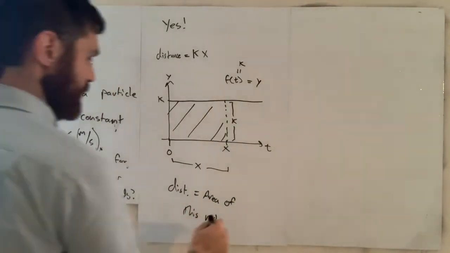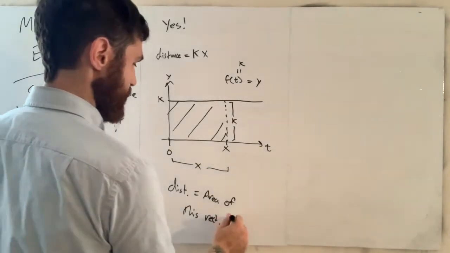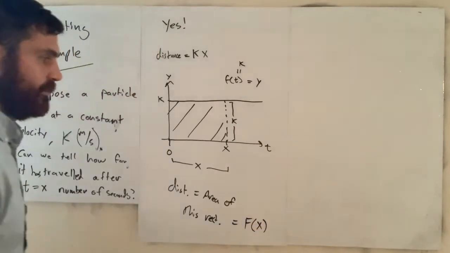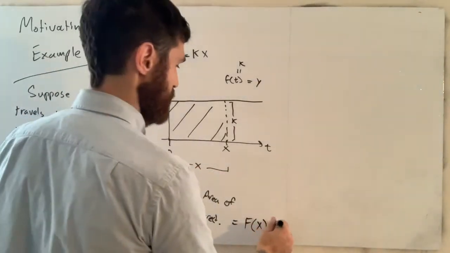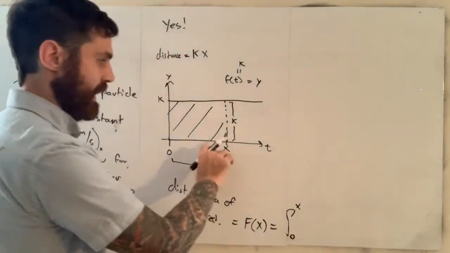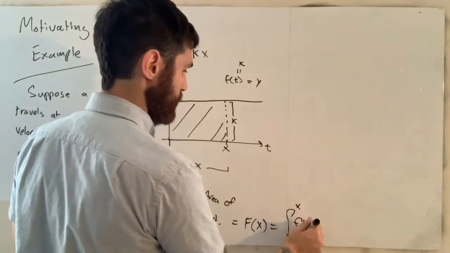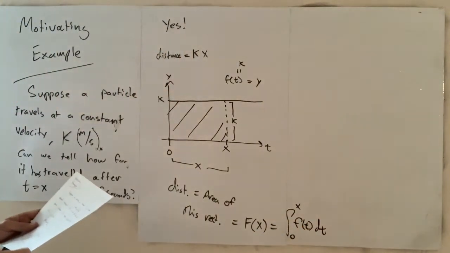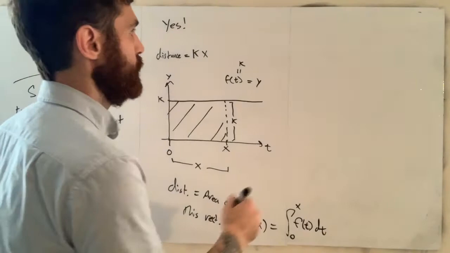And that thing, I'm just going to call big F of x this time, and I'm going to write that as the integral from 0 to my x value of f of t dt. And what do we know?